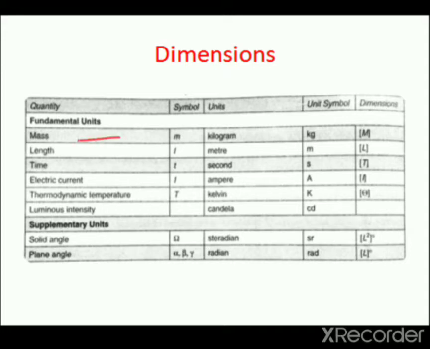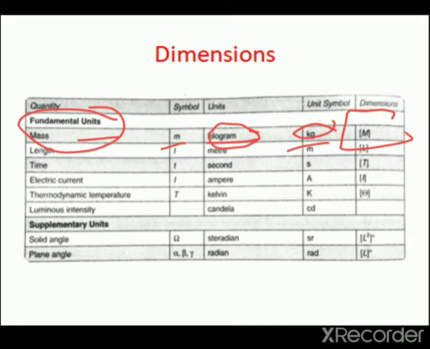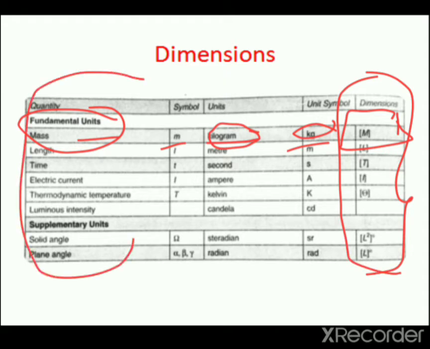For mass, if we consider kilogram, the unit symbol is kg. And the dimension for this mass, as we have discussed in the previous slide, is capital M, which is written in square brackets. So these are the dimensions for this type of quantities.